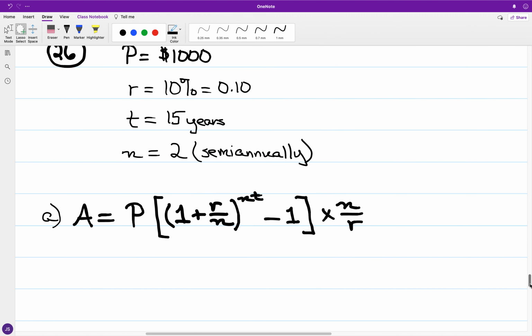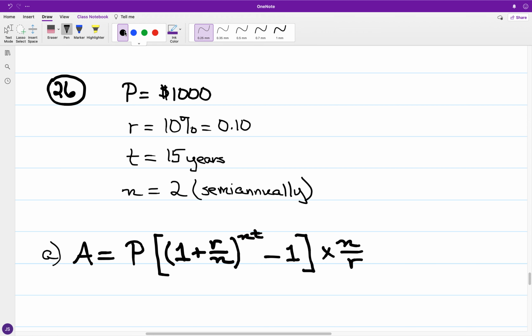So on the minimum side, we got A is equal to, now we got P at $1,000, and for 1 plus R over N, we have 1 plus R at 0.10, and N is going to be 2.